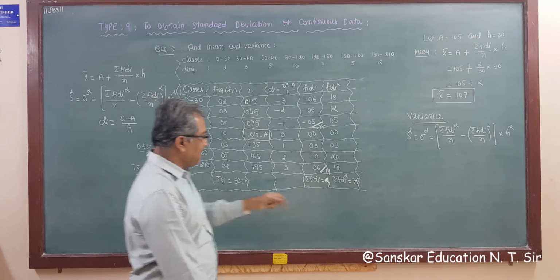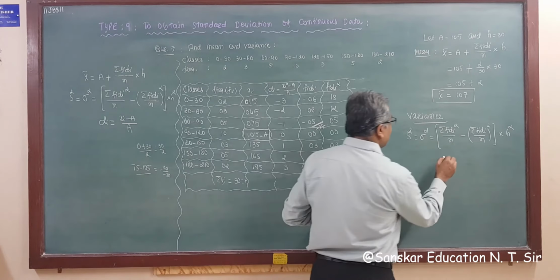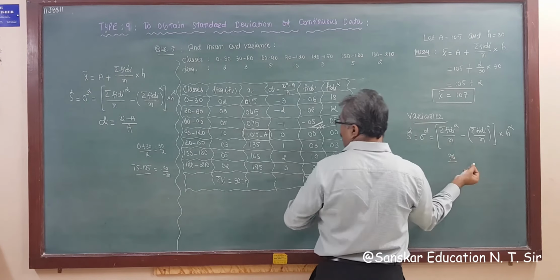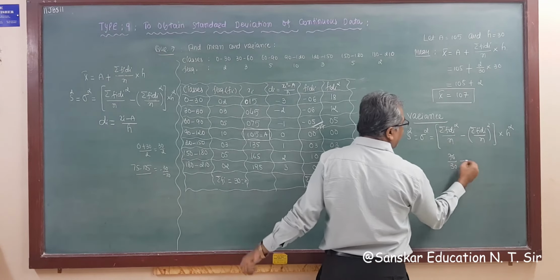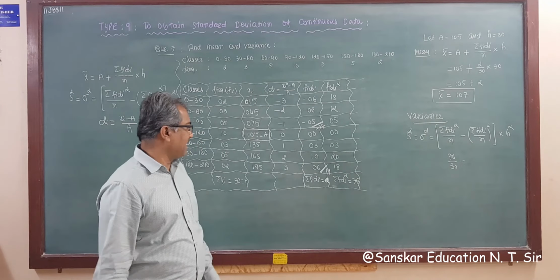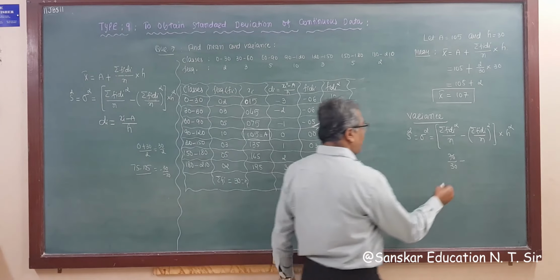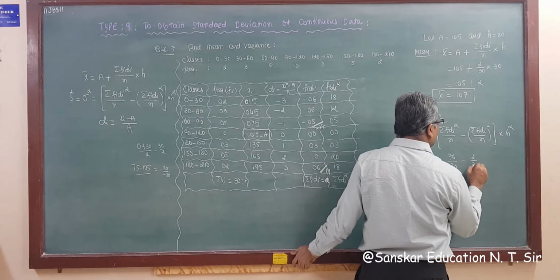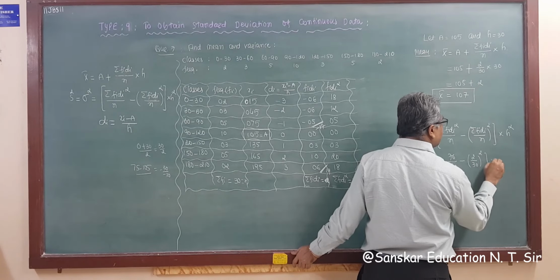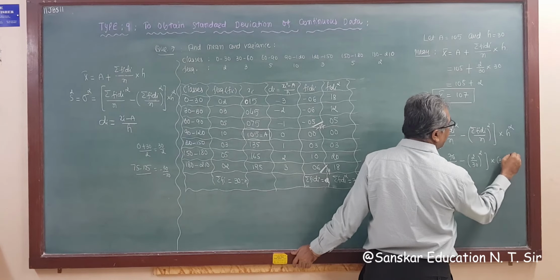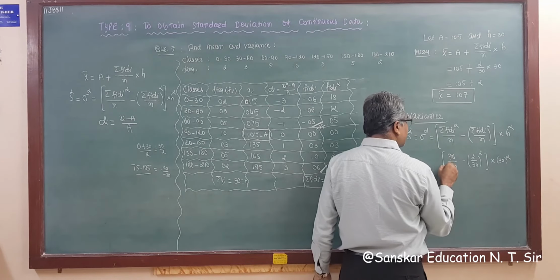Now sigma fi di square is 76. So this is 76 upon n, which is 30, minus sigma fi di, which is 2, upon n, which is 30, so 2 upon 30 whole square, into h square, h is 30, so this is 30 square.